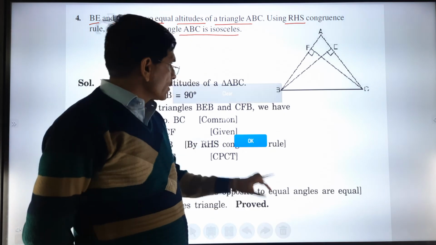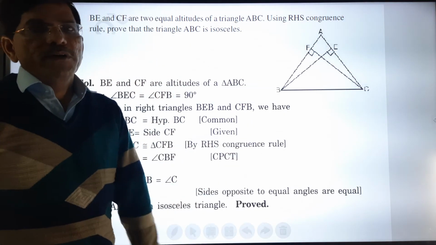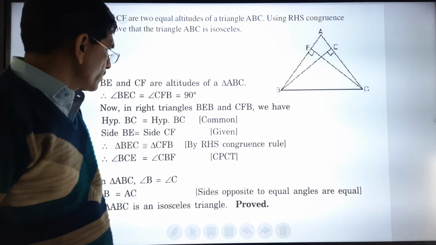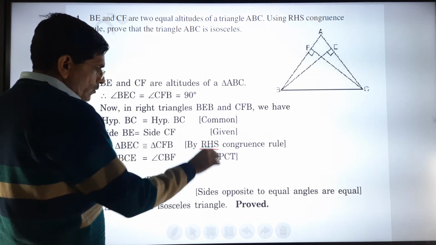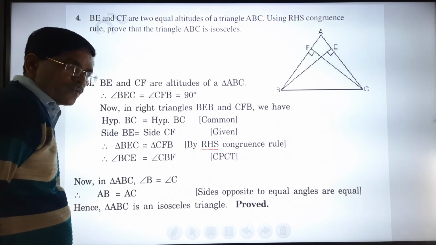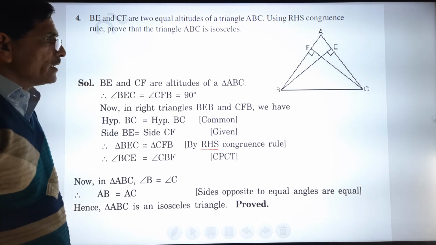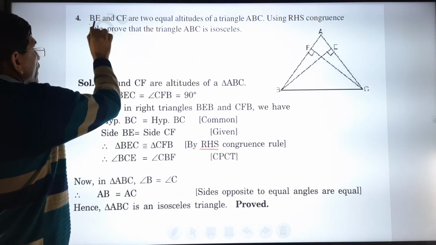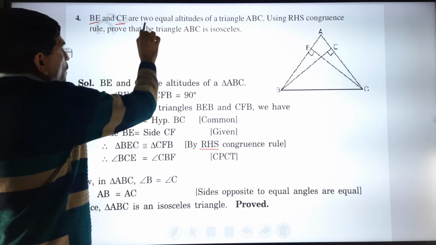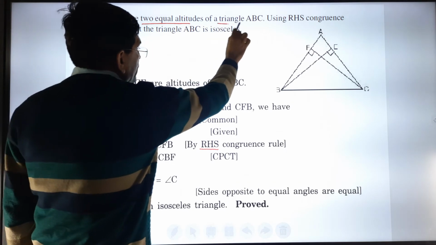So I think we are using theorem 7.4 or 7.5 everywhere. Here we have to prove it by theorem 7.5, that is right angle, hypotenuse, side. BE and CF are the equal altitudes of triangle ABC.